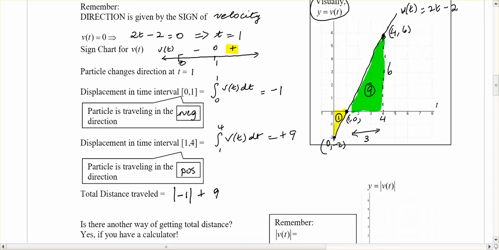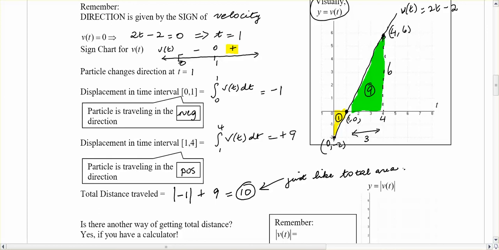So I travel 1 unit in the negative direction, 9 in the positive direction, which is 10. So the total distance is going to be 10. If all of this looks familiar, yes, it is really just like what we did with total area.